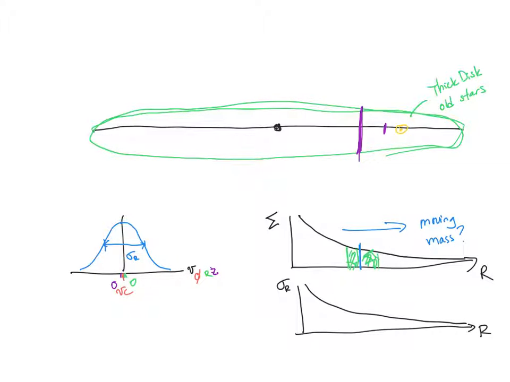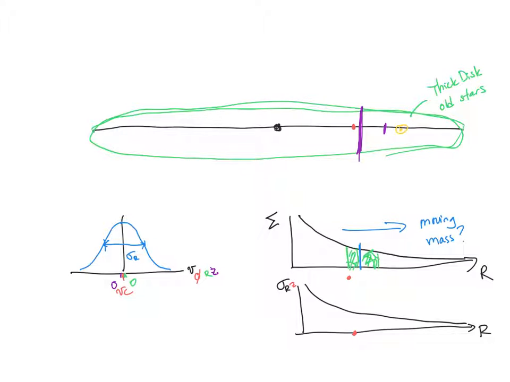So one of the ideas here is that if you have a star, let's say, I'm going to pick another color, red. You have a star that is here on this map, right? So let's say a thin disk star. And so it's here on that map, and it has a vertical velocity dispersion, this can also be z, that is whatever it is at that place in the disk.